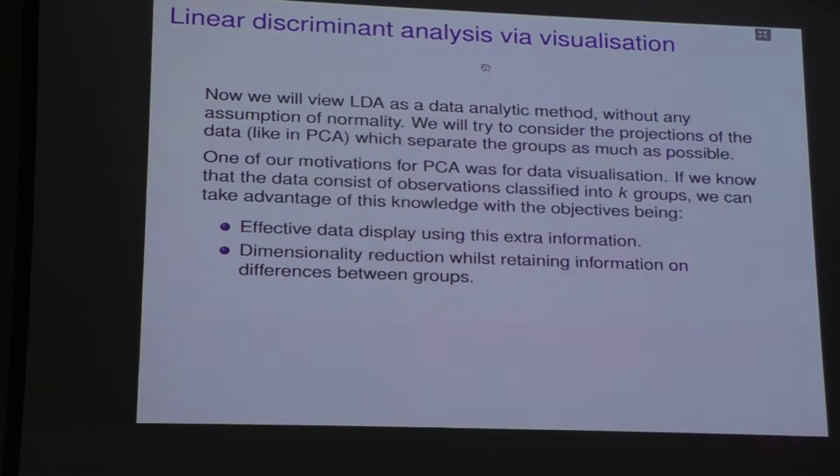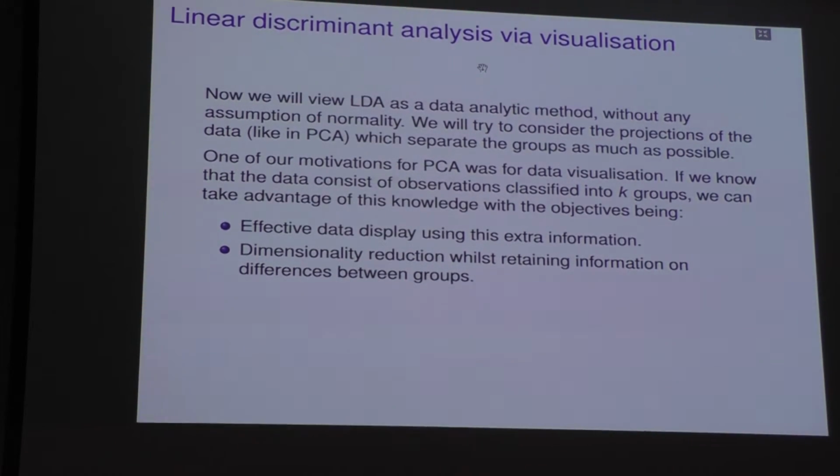And there's a particularly nice data set on crabs where, in a plot on the two linear discriminant coordinates, you can really see the four groups well separated out, and in the PCA that doesn't really happen. If you plot your data on the two principal components, two of the groups are merged and another two groups are merged.